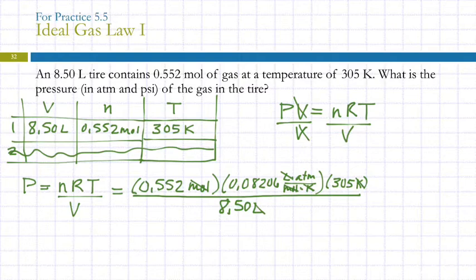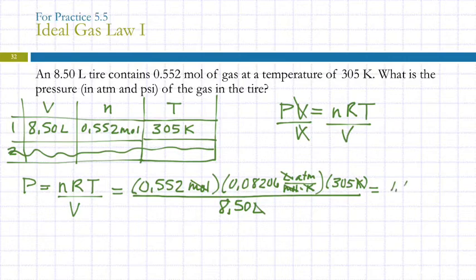It doesn't prove anything, but it's encouraging. 0.552 times 0.08206 times 305 divided by 8.5. And you'll notice that most of these numbers, again, have 3 significant figures. The ideal gas constant here is not exact, but it's given to 4 significant figures, so that shouldn't limit our answer.